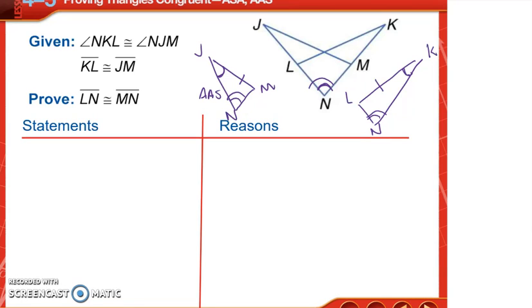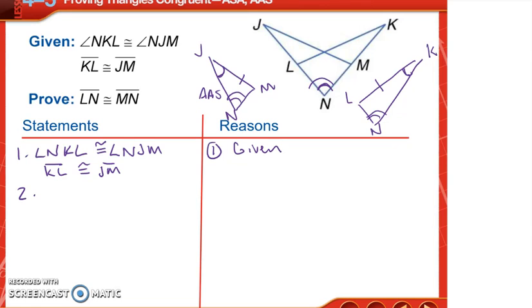Okay, and this is angle, side because the side is not in between the two angles. So we do our given, angle NKL is congruent to angle NJM, and KL, line segment, is congruent to line segment JM. The reason, it's given.